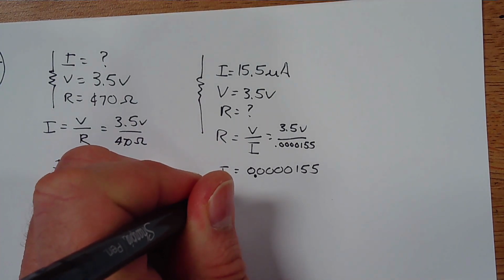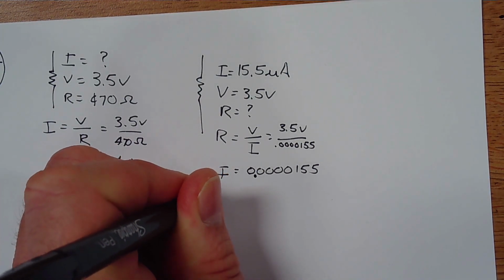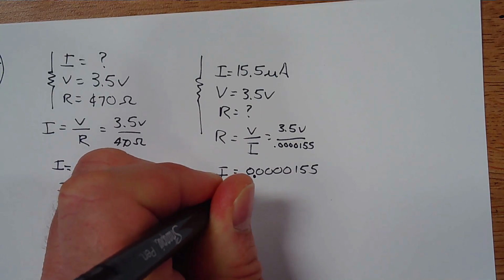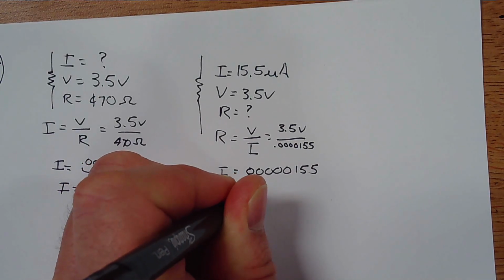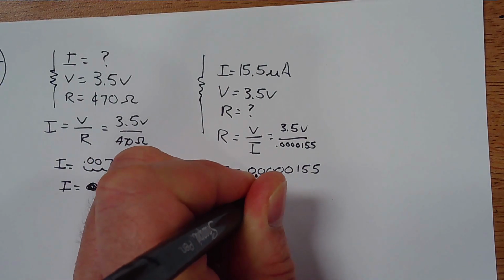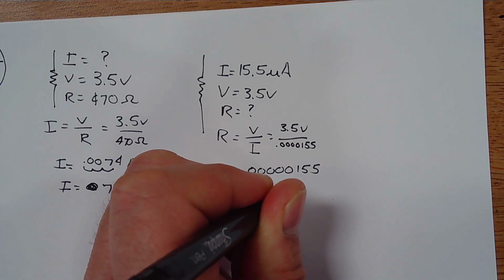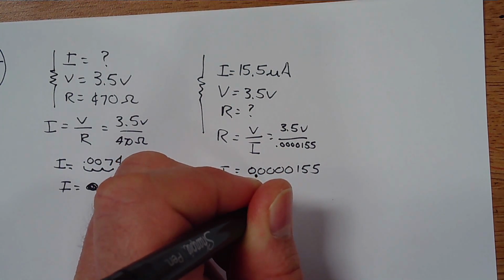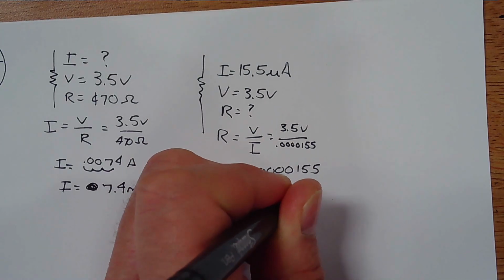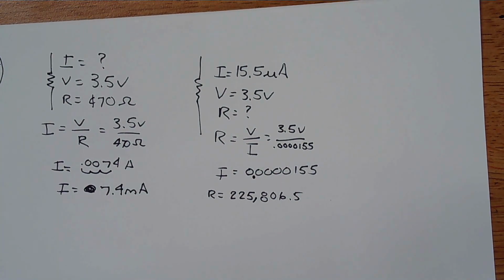So then that gives me that the resistance equals 225,806.45, so we can say 0.5 if you want to say that. All right.